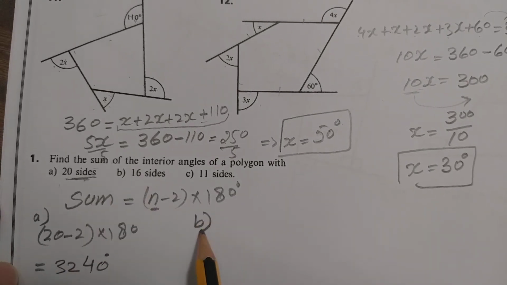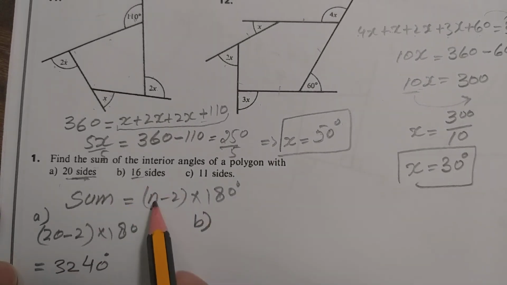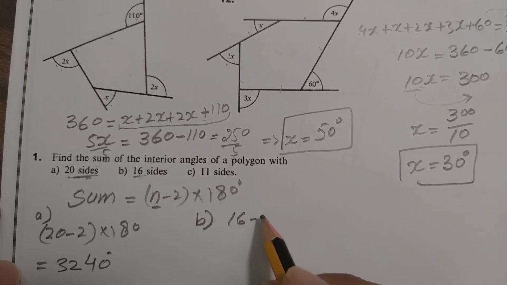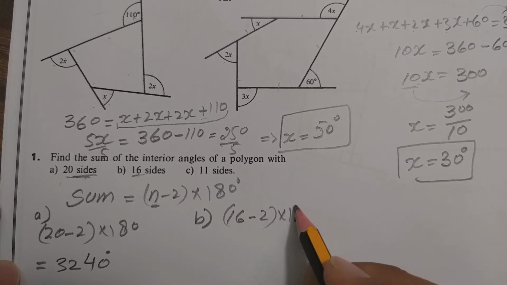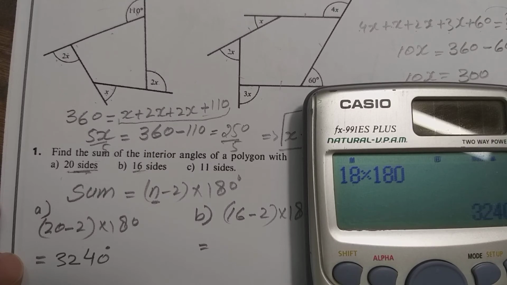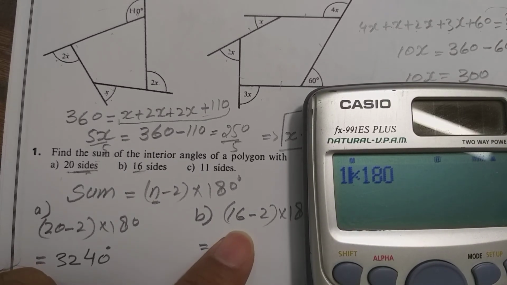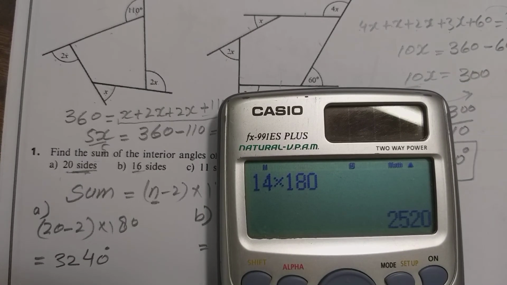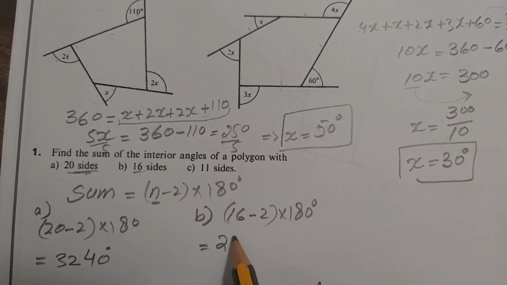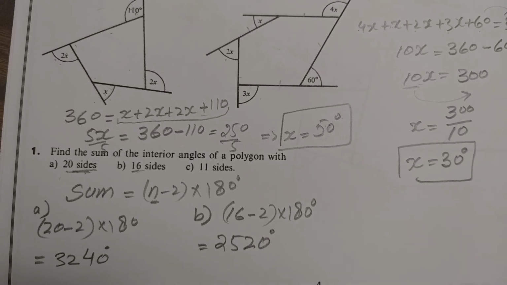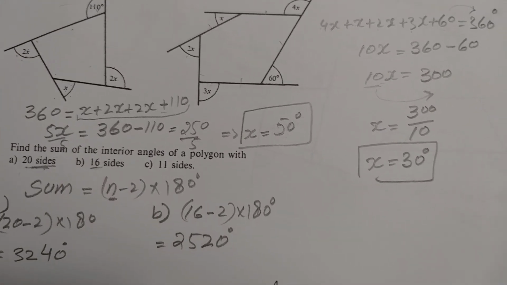In B, a 16-sided figure, n means the number of sides, so 16 minus 2 times 180. 16 minus 2 becomes 14, so 14 multiplied by 180 becomes 2520. This is the total of angles in a 16-sided polygon.